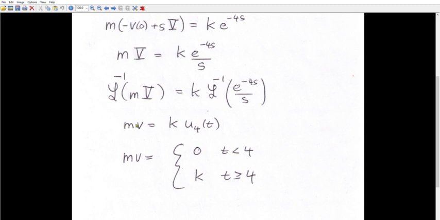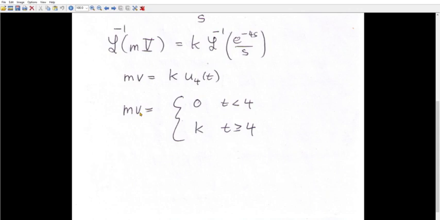So we get m v is k times u4 of t, which tells us that m v is 0 when t is less than 4, and is k when t is greater than or equal to 4. So notice that we have, in fact, imparted a momentum of k to this golf ball at t equals 4.